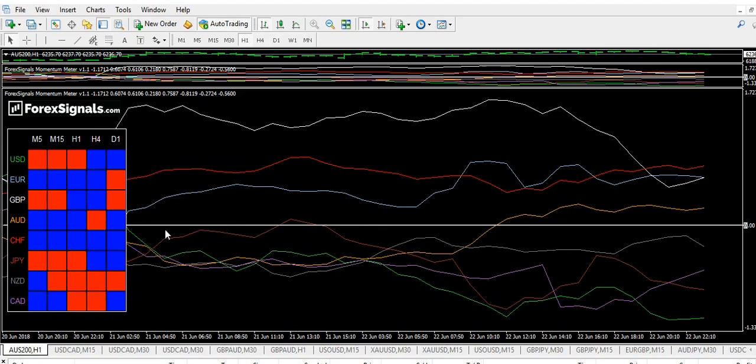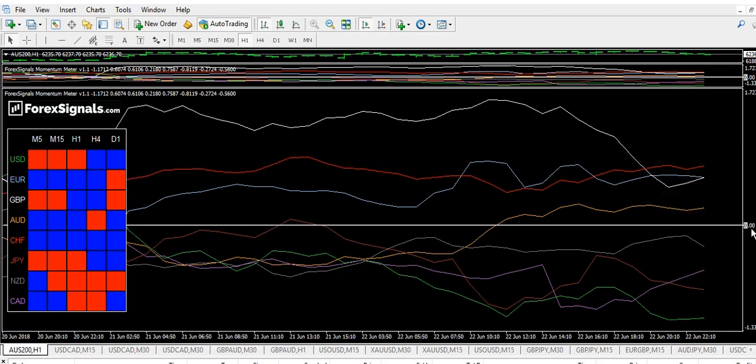So what this indicator does is give you the momentum and the currency strength of that country. Let's look, for example, at the pound, which was this one. The pound was very strong on Friday, and it was crumbling down at the end of the day, and it gathered some momentum.